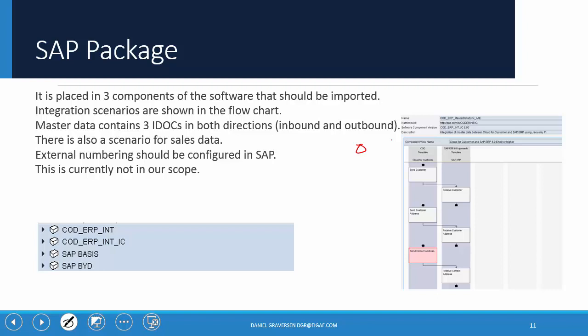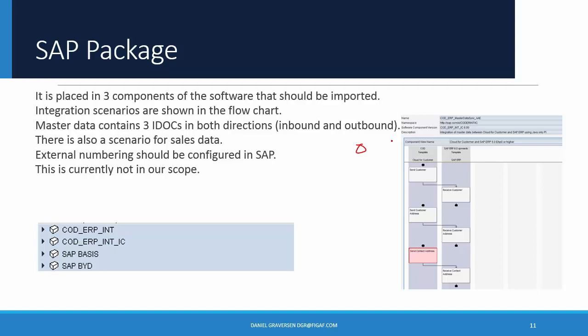And there's also some scenarios for sales that will allow you to synchronize those data. It's currently not in our scope, so I'm not sure how it works. I saw some of the iDocs that we're using. It's just normal iDocs that it's using.